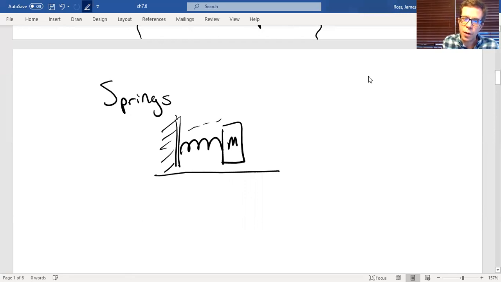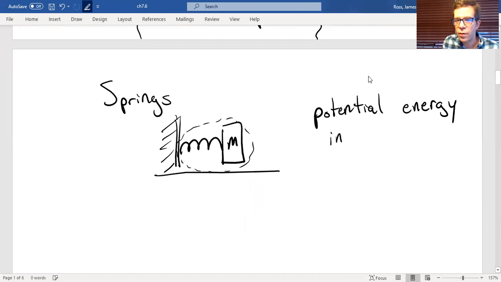And in this case, we're going to consider the spring as part of the system. The compressed or stretched spring has some potential energy associated to it. So we have a potential energy in the position of the spring.